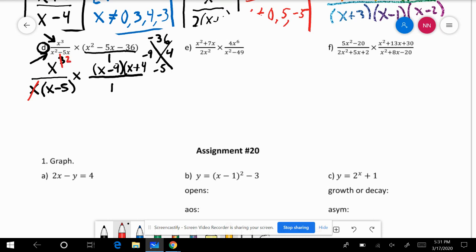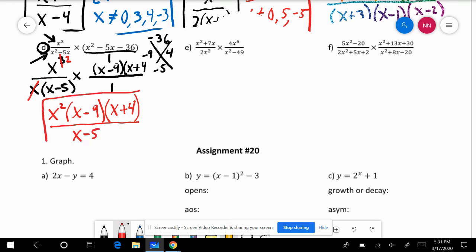So what we have is x squared, we have an x minus 9, we have an x plus 4, and that's all divided by x minus 5. Now that right there is our first answer.